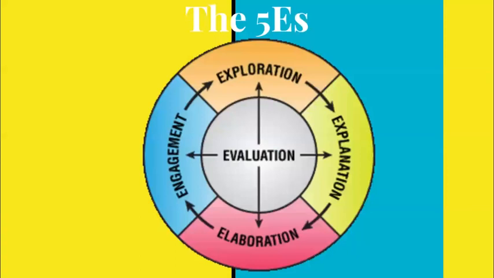Then we move on to exploration, then on to explanation, elaboration, and finally, evaluation. And although evaluation is regarded as the last E, evaluation actually takes place through all the stages of the 5E.